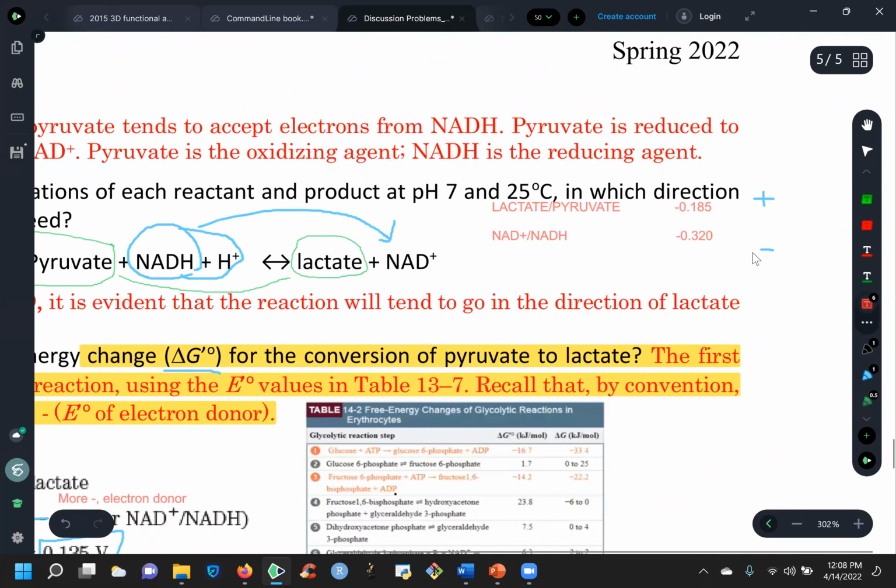So whoever is more positive, now we're doing rules, tends to accept, I'm putting it in capitals, you guys have to know this, tends to accept electrons. And that makes sense, right? Because you're more positive, so you're going to tend to accept more electrons. Now, if you're more negative, that means you already have a lot of electrons. So what do you tend to do? Tend to donate electrons.